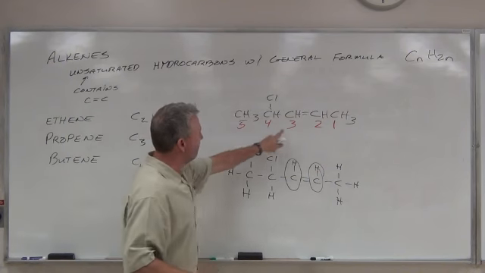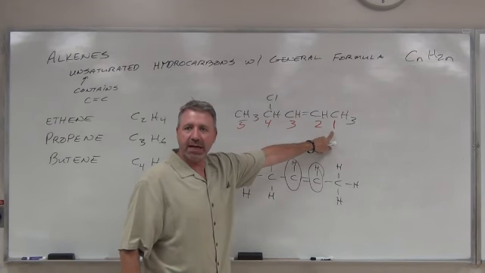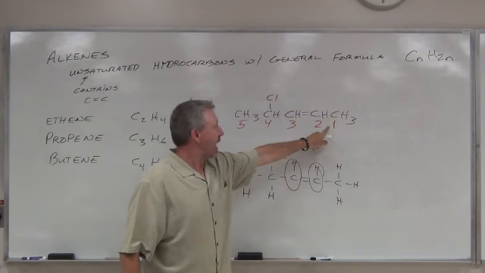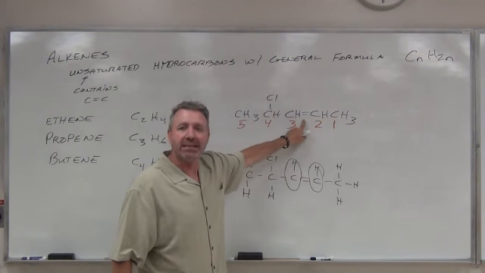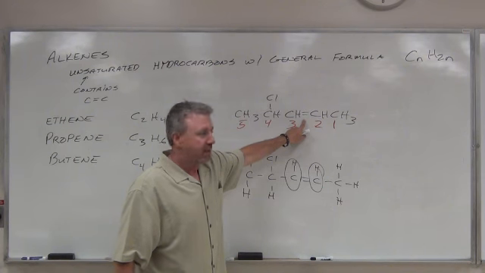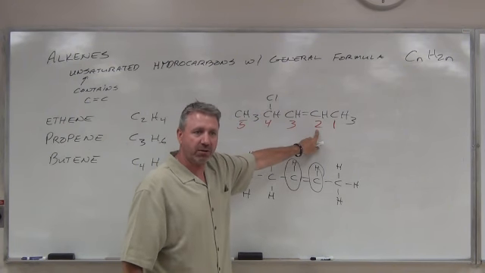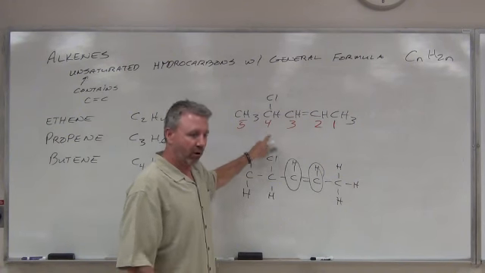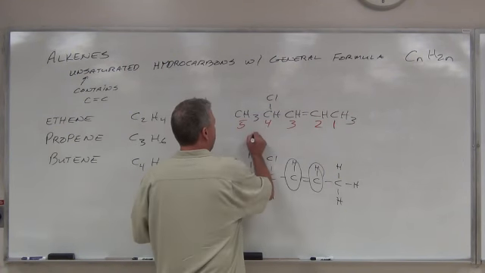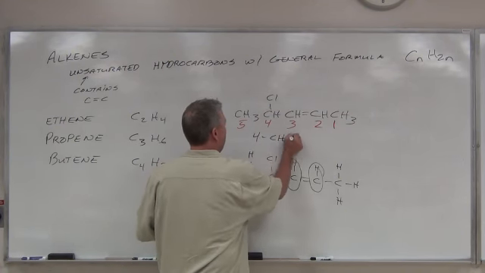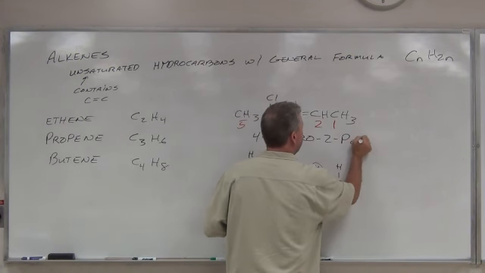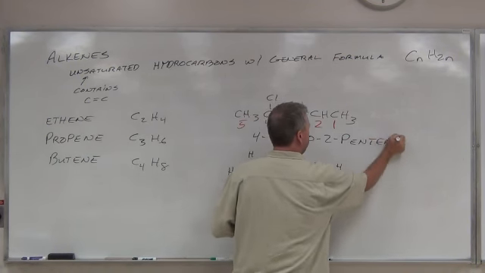I have a 5-membered chain, pentane. I have a double bond, pentene. The double bond is at carbon 2 to 3. 2-pentene. Chloro at 4. 4-chloro-2-pentene.